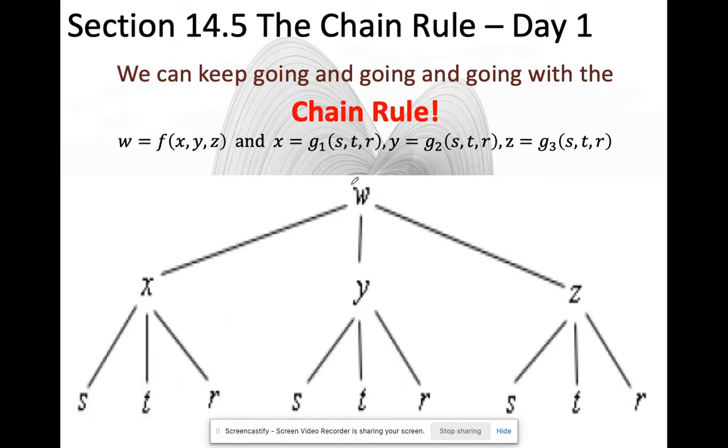If I start with W and I ask you for partial W, partial S, follow all the branches that get me to an S, and add all three of them together.